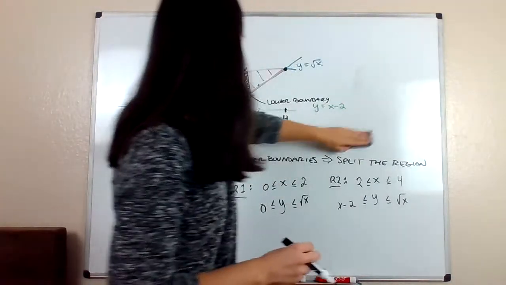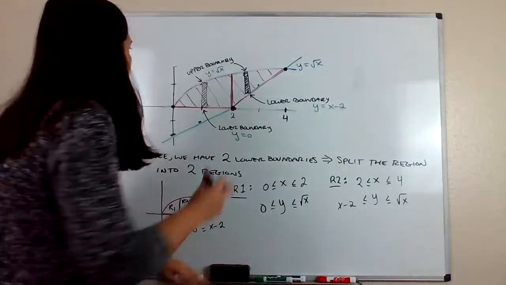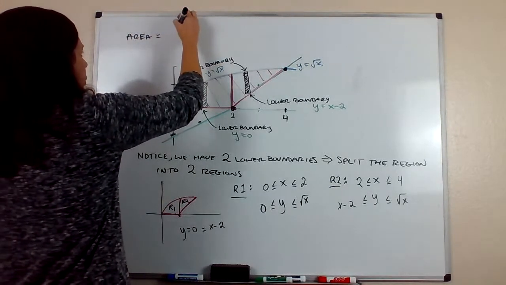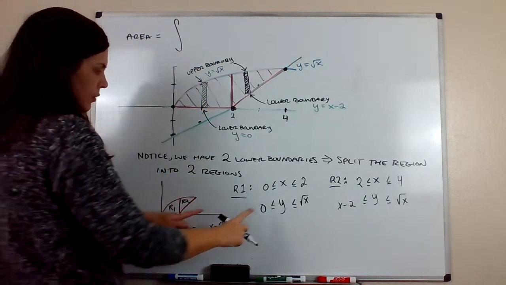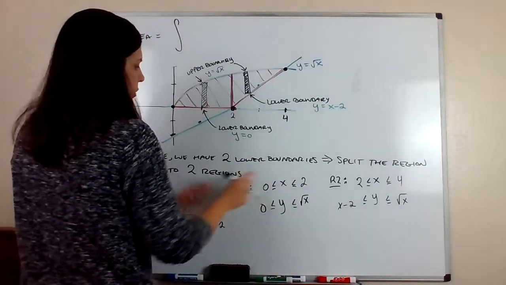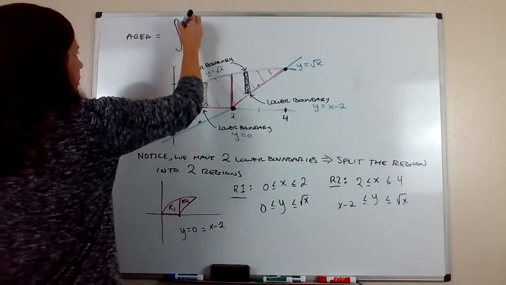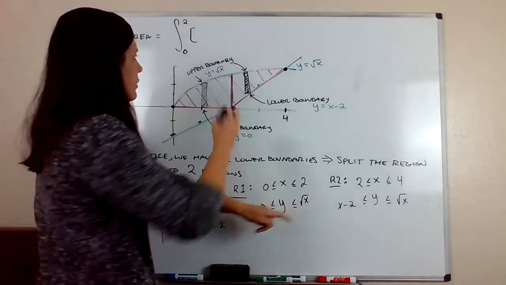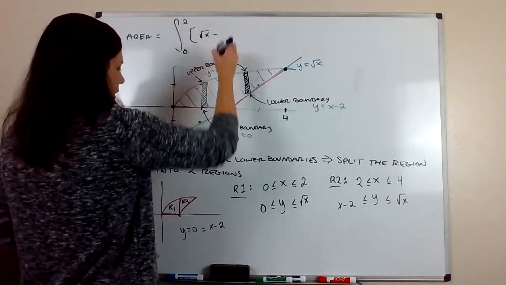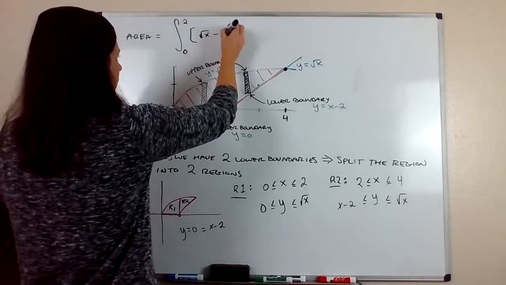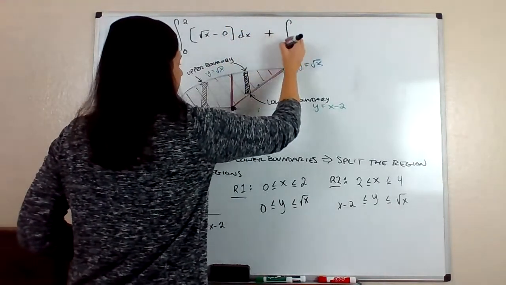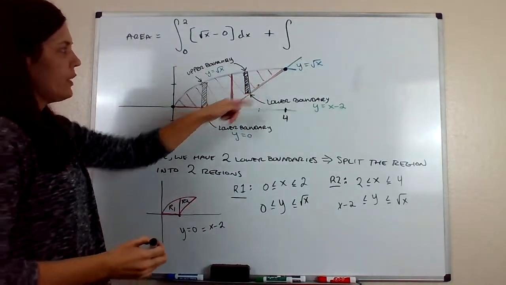We have our area equals one integral for region 1. X goes from 0 to 2. And then our integrand is our upper boundary minus our lower boundary, dx.